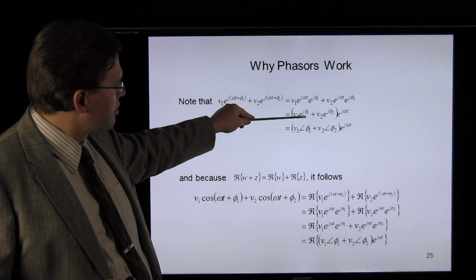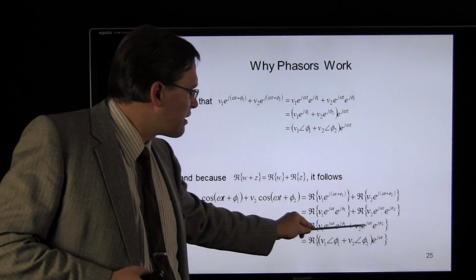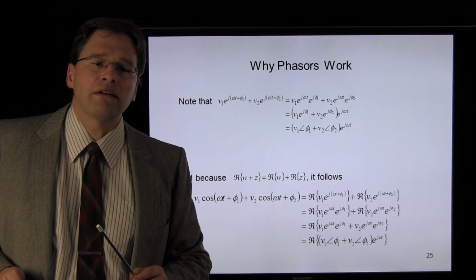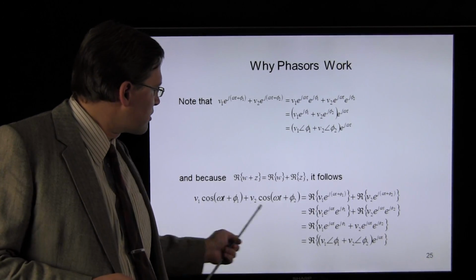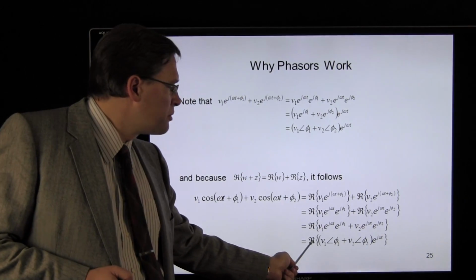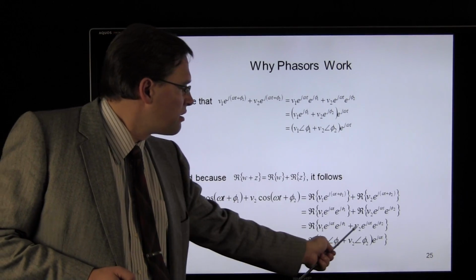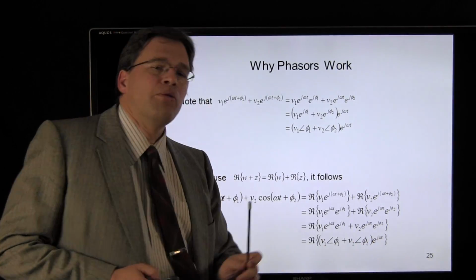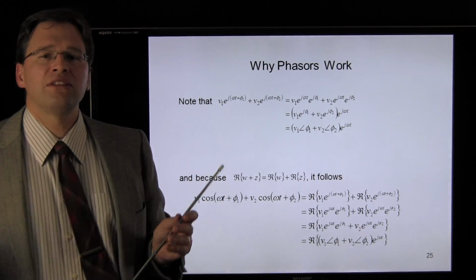And from here, we saw that this sum is nothing more than a phasor addition times e to the j omega t. So to calculate this, all I need to do is calculate that phasor addition. The e to the j omega t remains unchanged.